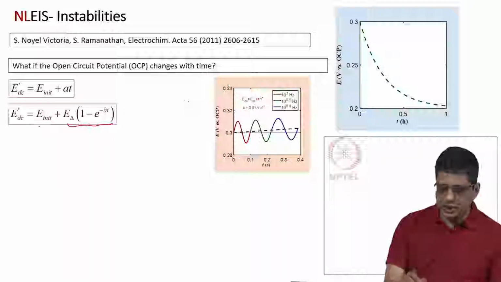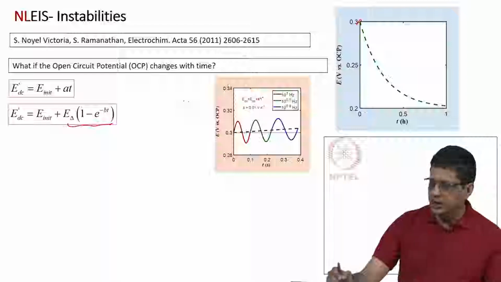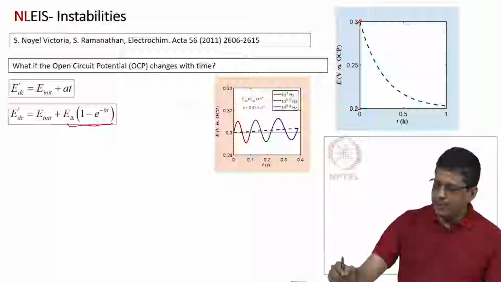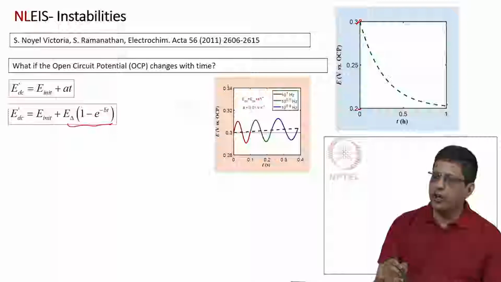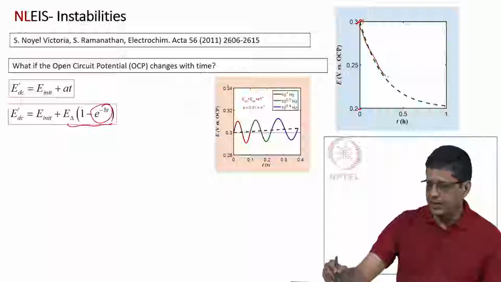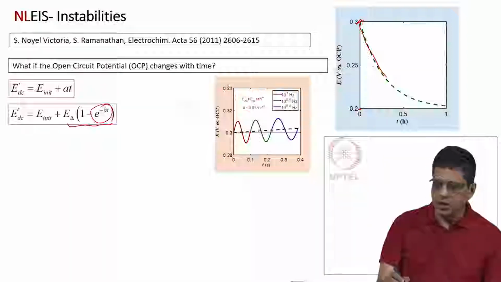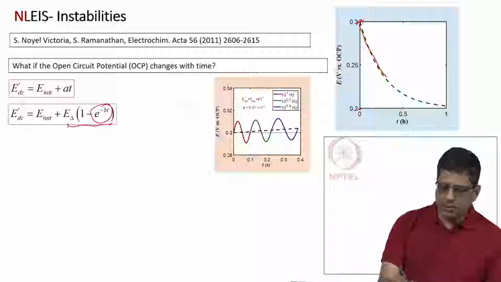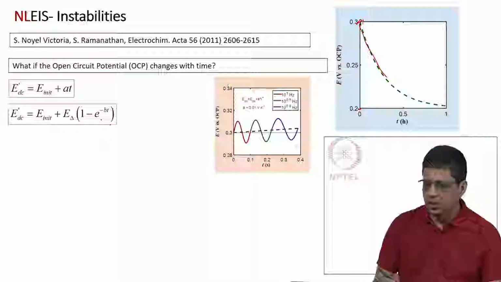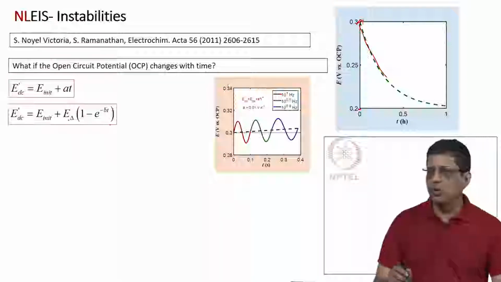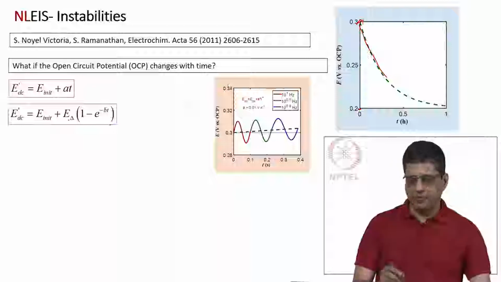This is the change, this is the initial value. E delta specifies the maximum possible change if you wait for infinite time or long enough time. This defines how rapidly it decreases or changes. Okay. So, it is given by exponential minus Bt, B is the parameter here, and E delta tells the maximum possible change. So, in some cases this is probably a more realistic representation of what actually happens in a cell.